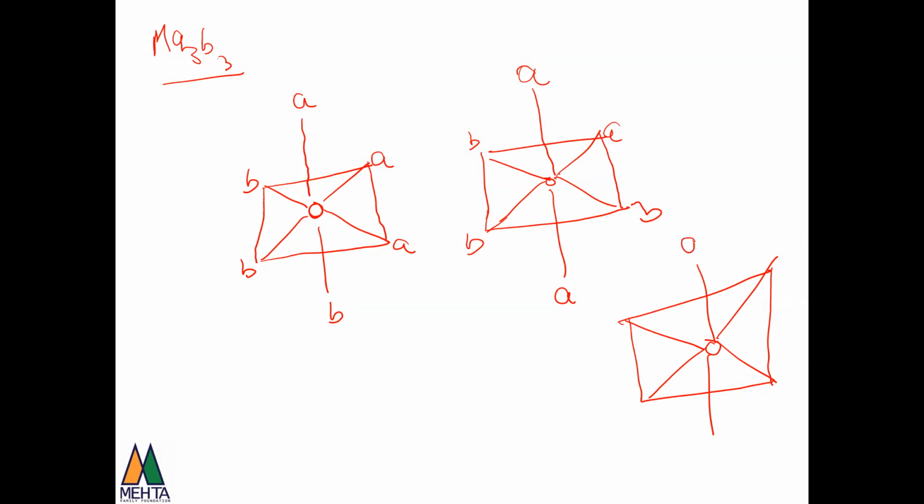If you are having A and one A is here and one A is here, one B is here, right?